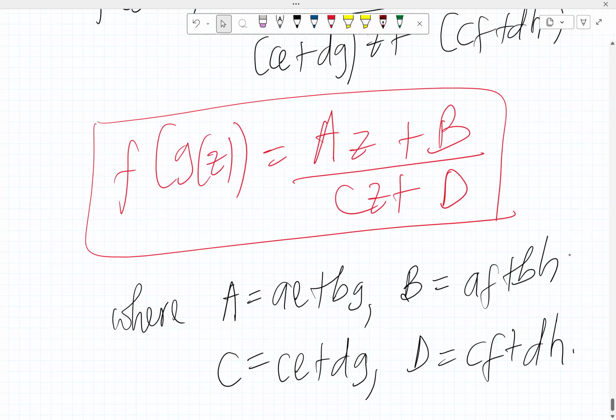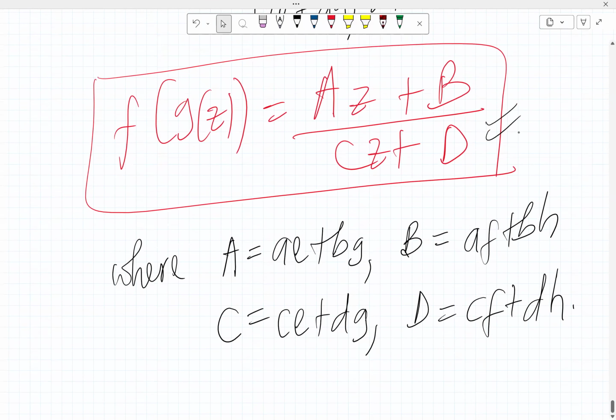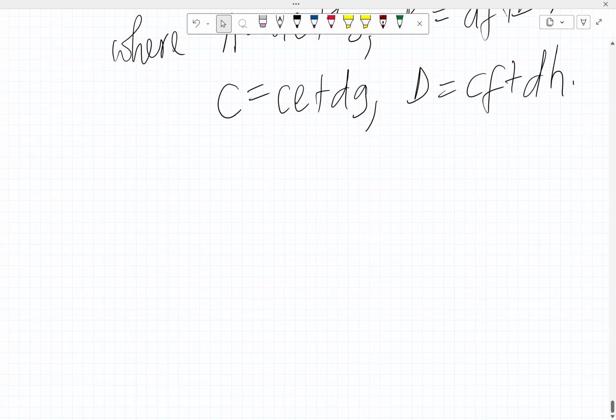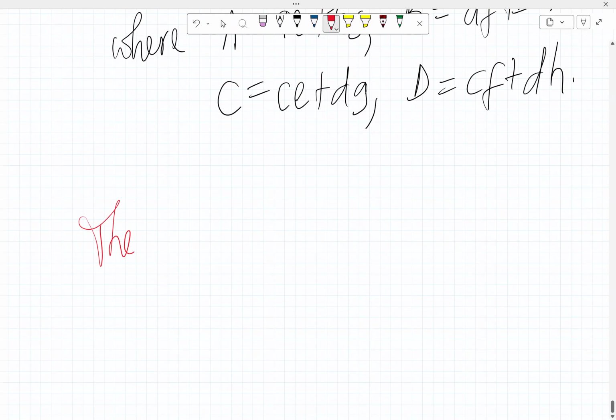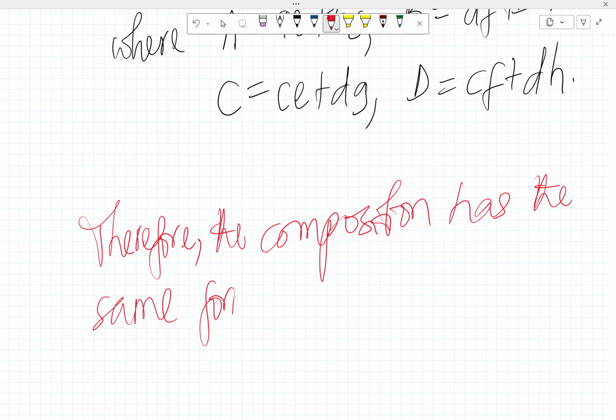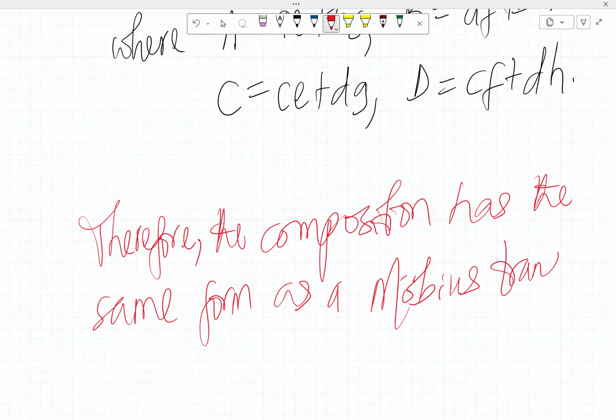So with that, you can see this also looks like another Möbius transformation. So we can conclude by saying therefore the composition has the same form as a Möbius transformation.